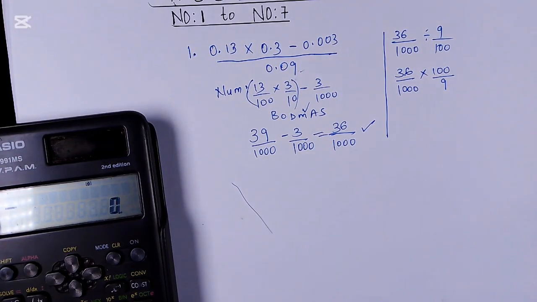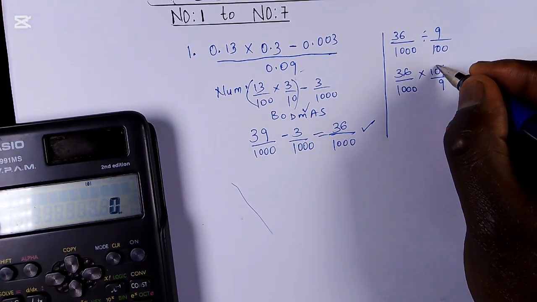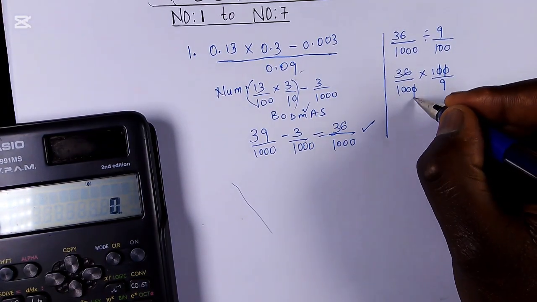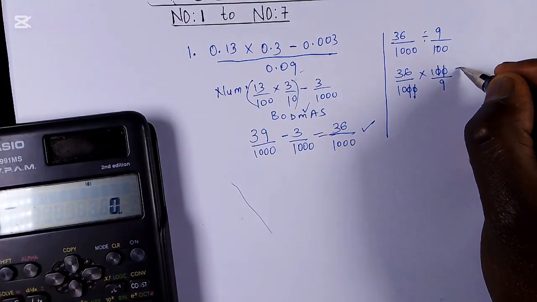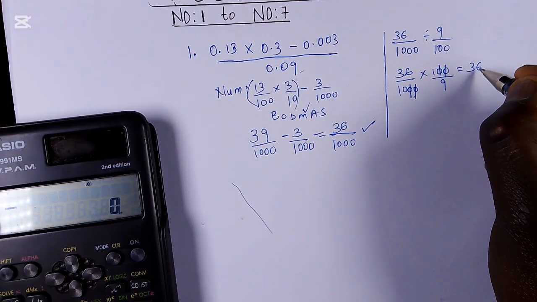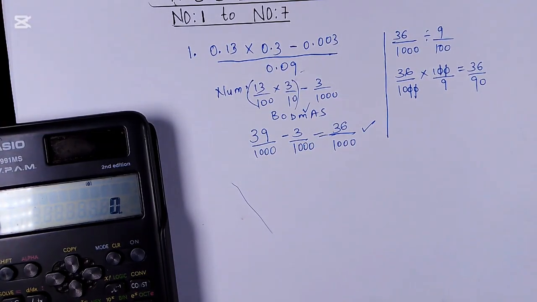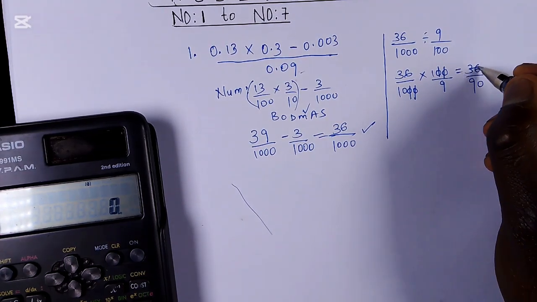And when we have that, we will simplify: two zeros with two zeros, and we will have 36 over 90, which we can continue simplifying by 6.